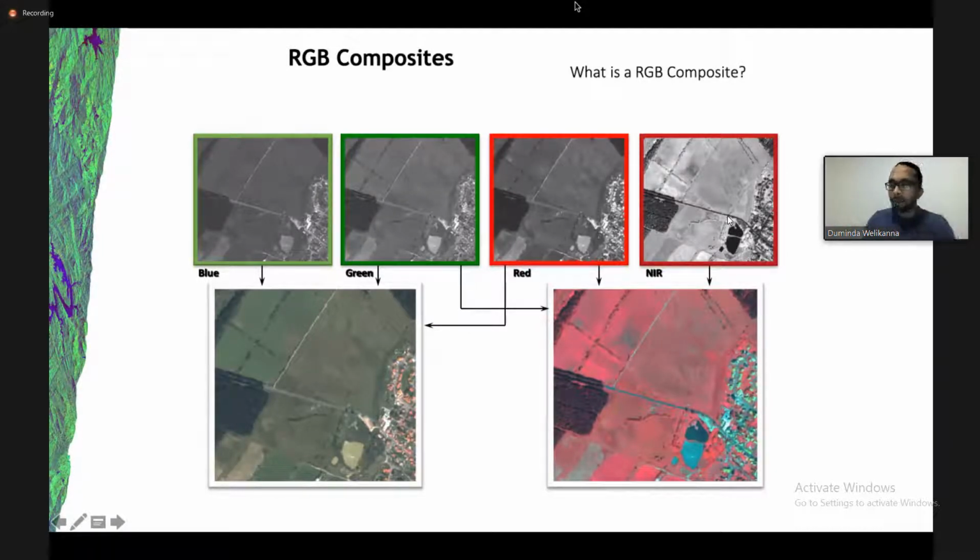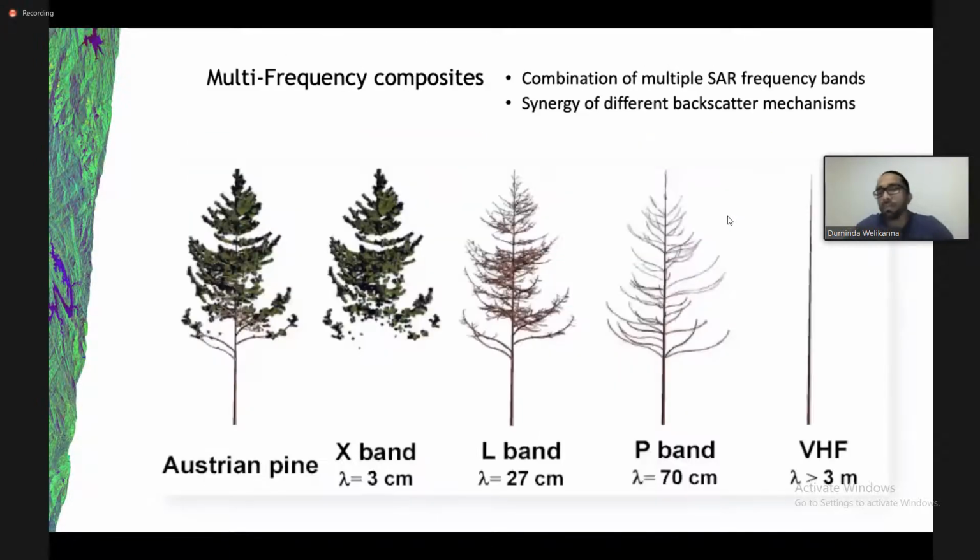Diminishing the red and green effects, we want to highlight near-infrared, so we give it to the red band. So most probably, we will see red color for vegetation patches, right? So this is a kind of technique, composites that we use to manipulate the electromagnetic spectrum and show the image, right?